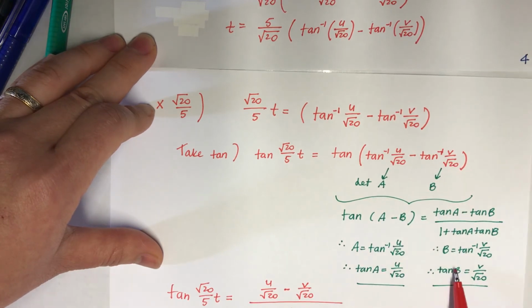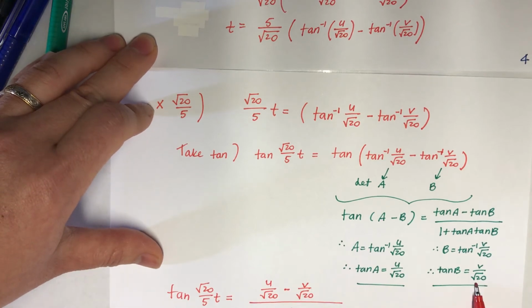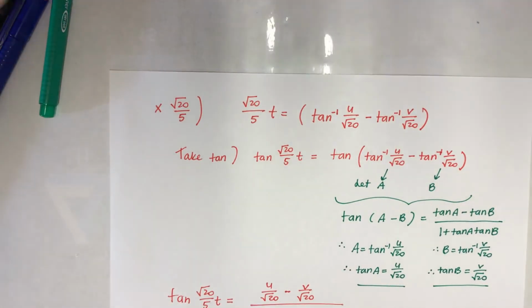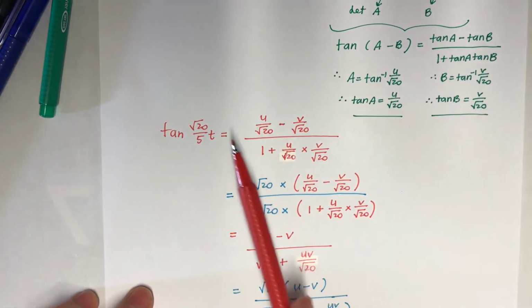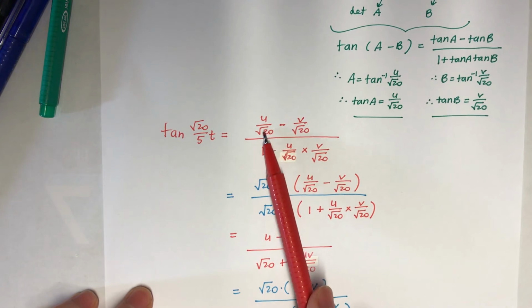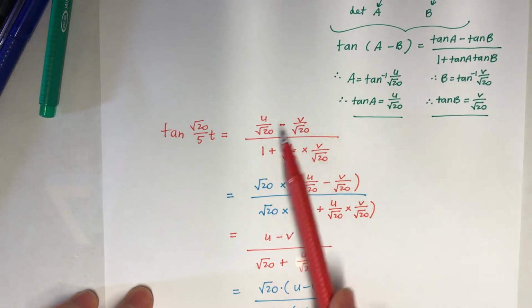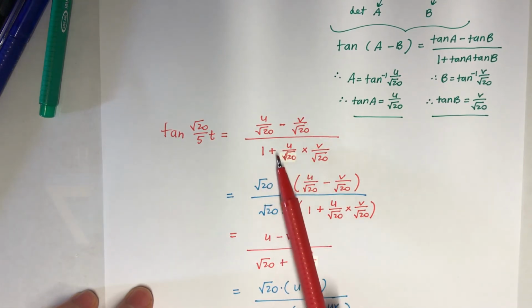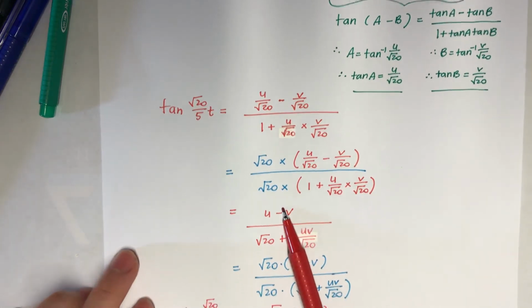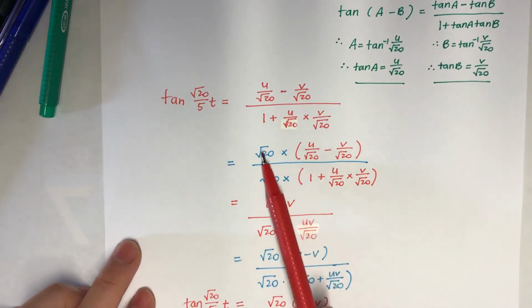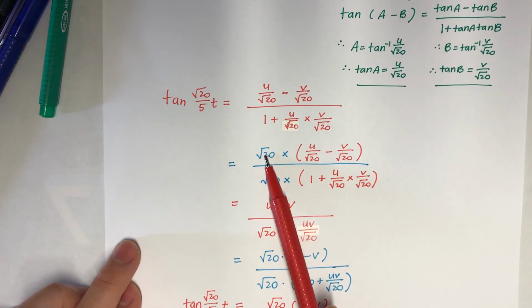So when I do that, I will get in terms of tan a and tan b. So when I have that, I will be able to use this formula. So now I'll get tan a minus tan b all over 1 plus tan a times tan b. Okay, so this is an easy way of doing it.